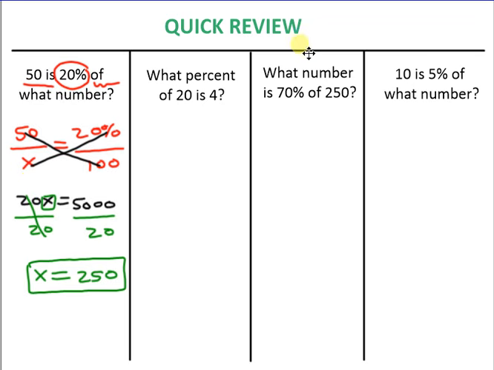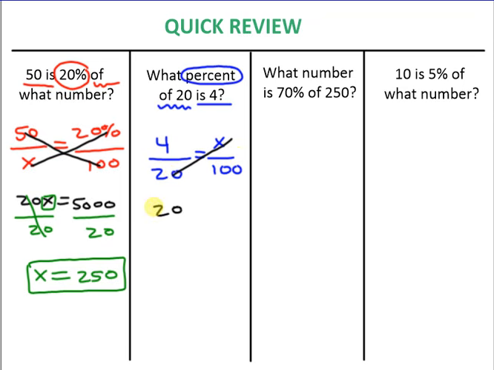Okay? So what percent of 20 is 4? So we have 4 is our "is", 20 is our "of". We're looking for our percent over 100. Okay? So we have 20 times x is 20x. 4 times 100 is 400.